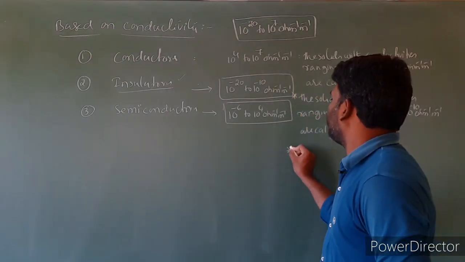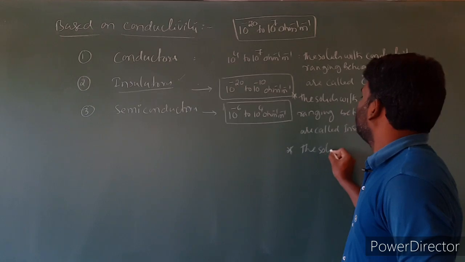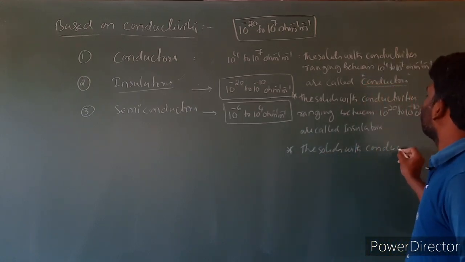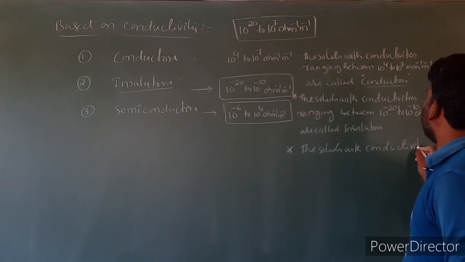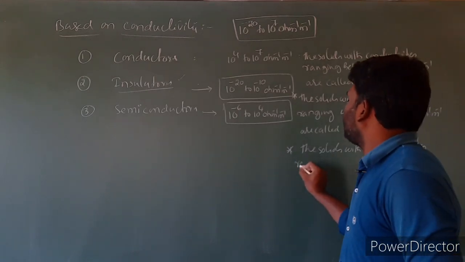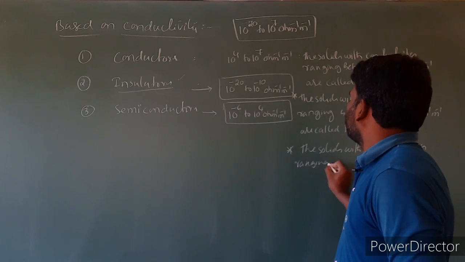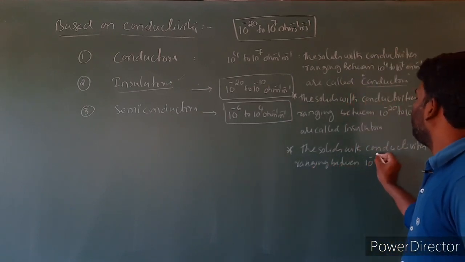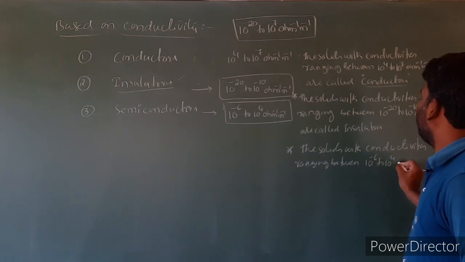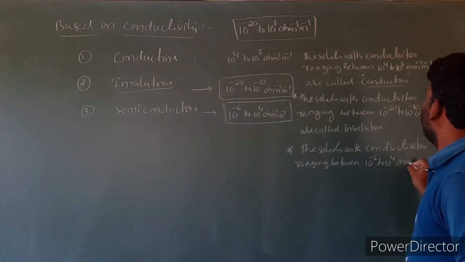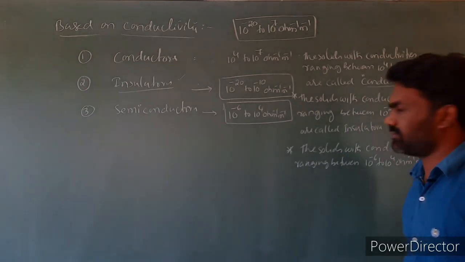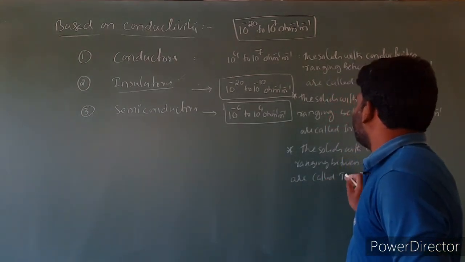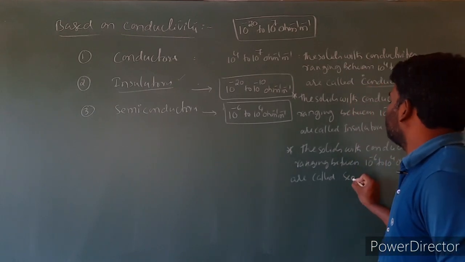Write the statement regarding it: the solids with conductivities ranging between 10 power minus 6 to 10 power 4 ohm inverse meter inverse are called semiconductors.